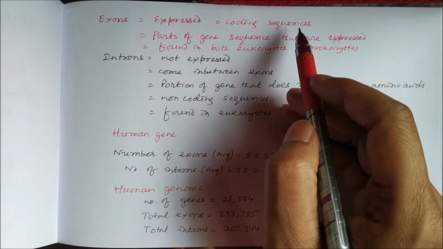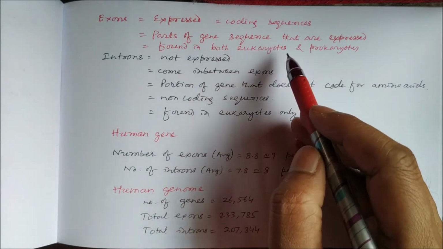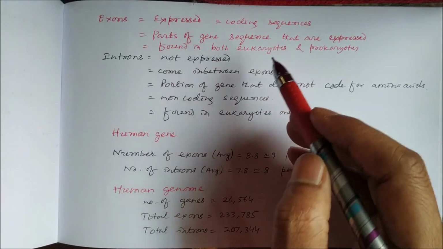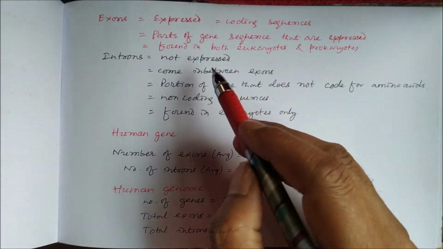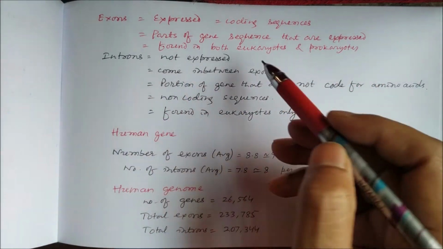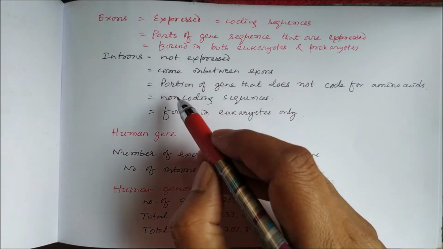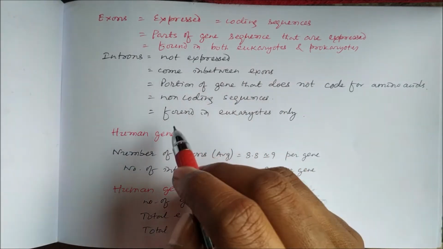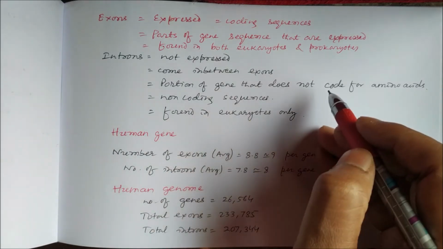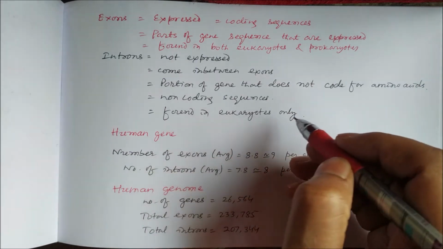It has the coding sequences; it is the part of the gene sequence which is expressed. So it is found in both eukaryotes as well as prokaryotes. But introns are not expressed and come in between exons, and this is the portion of the gene that does not code for amino acids. So we can call them non-coding sequences, and they are found in eukaryotes only.